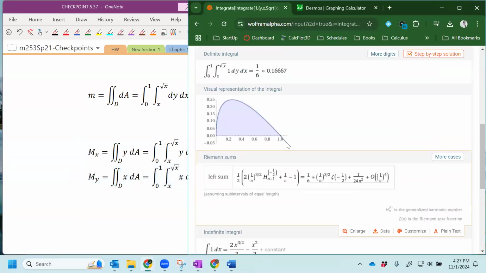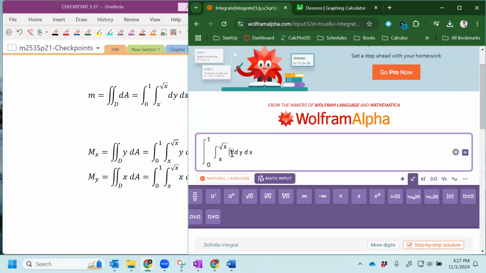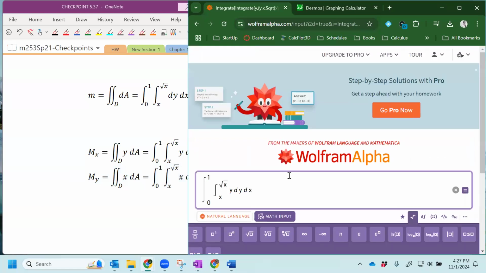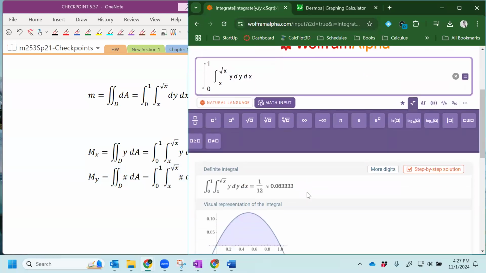Let's go to Wolfram Alpha and have it figure out what happens when we put y in here. In this case, we get 1/12. Let's take a picture of that.